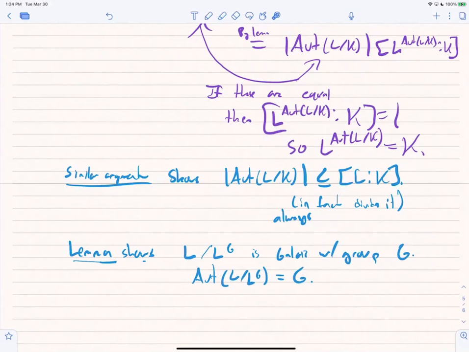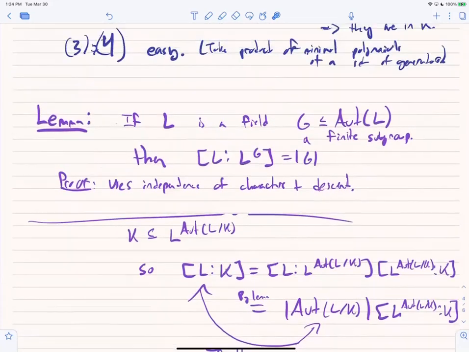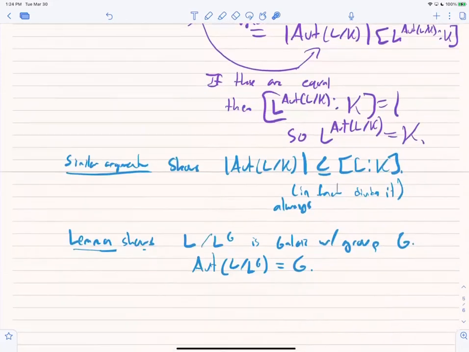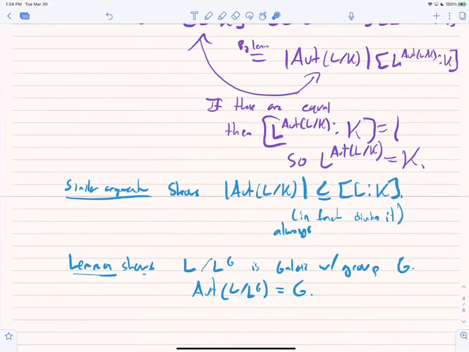On the other hand, we know G is contained in there, and we know the size of the group is less than or equal to the degree. But we know the degree is equal to the size of G, so that means G is the whole thing.